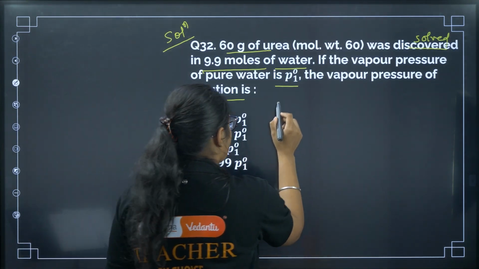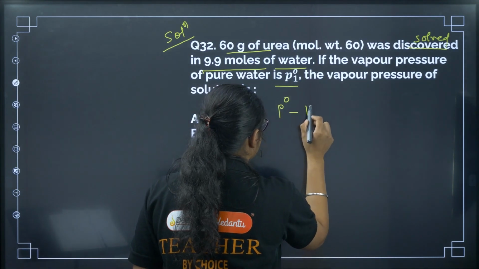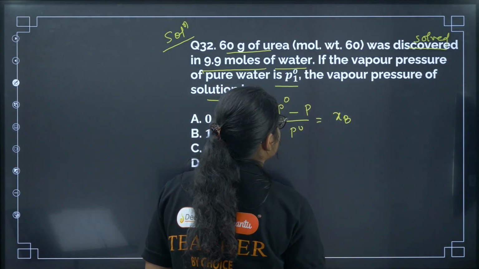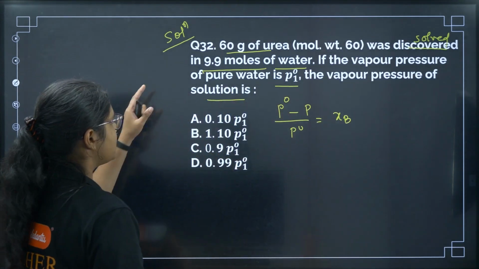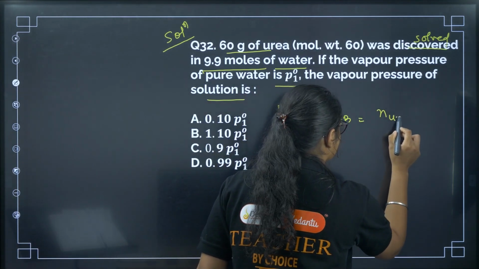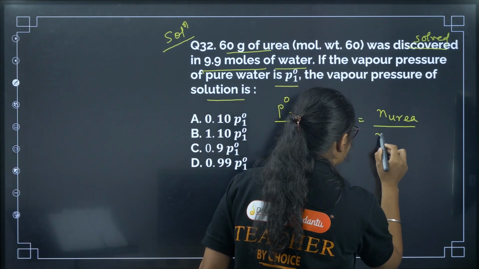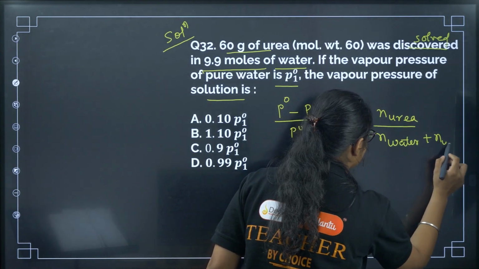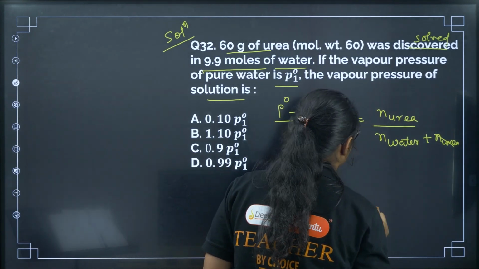So we have this formula, (P0 minus P) by P0 is equal to the mole fraction of the solute. Now urea is added to water, right? So I can write this as number of moles of urea by number of moles of water. In general, the number of moles of solute in the denominator is neglected in this formula.